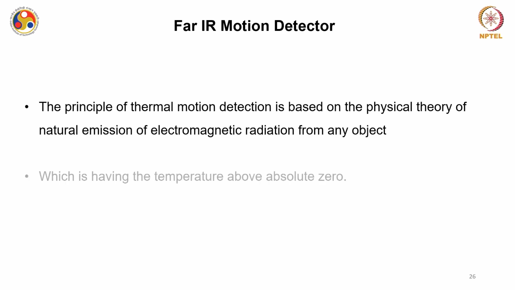The principle of thermal motion detection is based on the physical theory of natural emission of electromagnetic radiation from any object. We know that any object which is not at absolute zero temperature, which has a certain temperature, will emit some electromagnetic radiation in the form of heat.